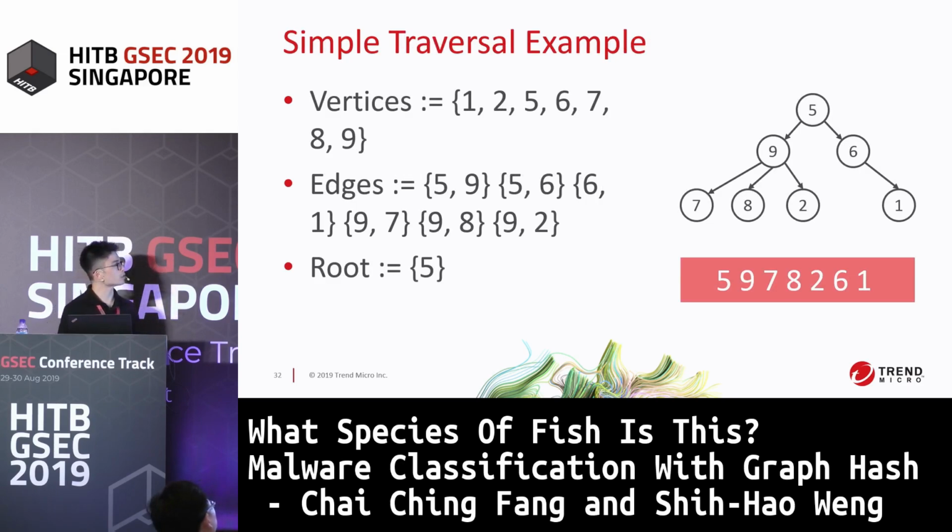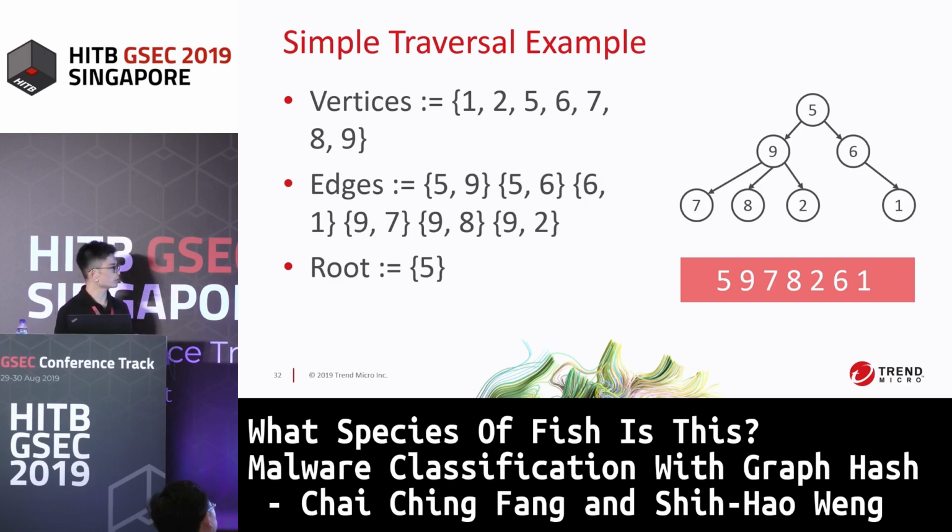So here is a simple traversal example, a DFS example. We have a code graph as the graph on the right side. This code graph has a set of vertices: 1, 2, 5, 6, 7, 8, and 9.